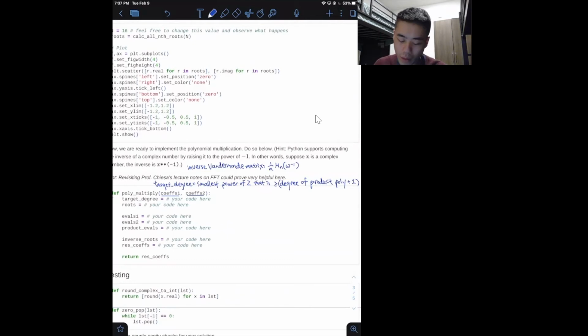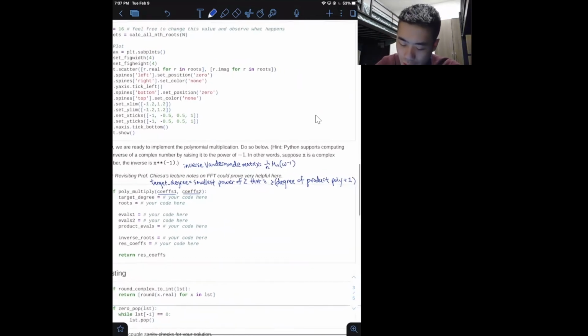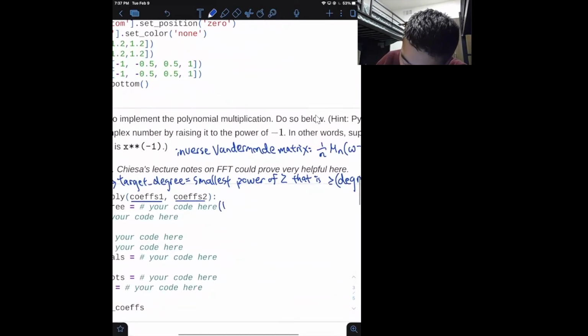Okay, so let's start with the basics. First, I'm going to fill out target degree. What I wrote here in the notes is that target degree is the smallest power of 2 that's greater than or equal to the degree of the product polynomial plus 1. I'll explain why plus 1 in a minute, but let me just write this down first. So target degree is going to be given by len of cof1 minus 1.